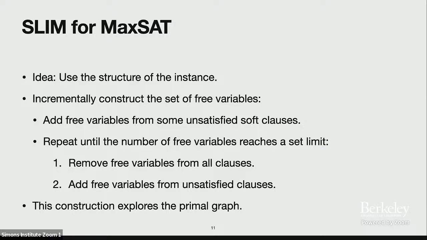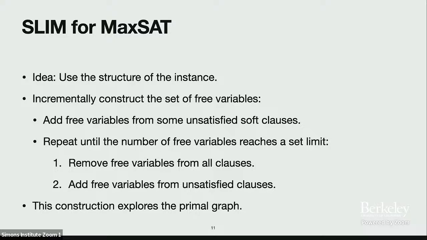But now if I set one of the variables as free, I don't know its value anymore because it's free. It can be changed. And we reflect this by removing these variables from all the clauses because we don't know the value anymore. And then we get more unsatisfied clauses, because if the variable was used to satisfy the clause, suddenly the clause is unsatisfied.